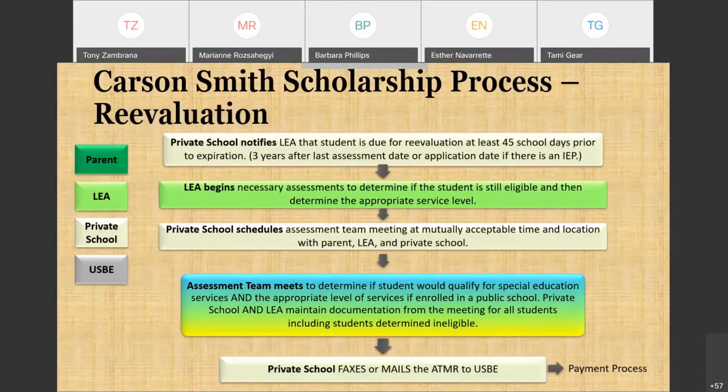The private school and the LEA maintain documentation from the meeting for all students, including students who are determined ineligible, as we discussed earlier. At that point, the private school will fax or mail the ATMR to us over at the State Board of Education, and we will also accept it via email if it's a secure email that's password protected.